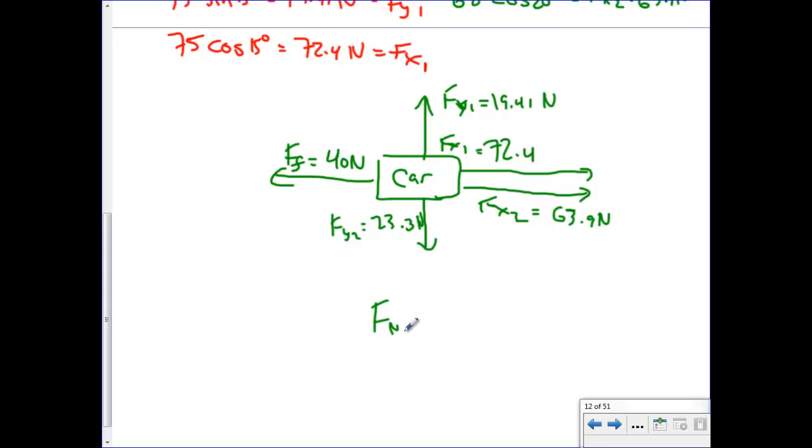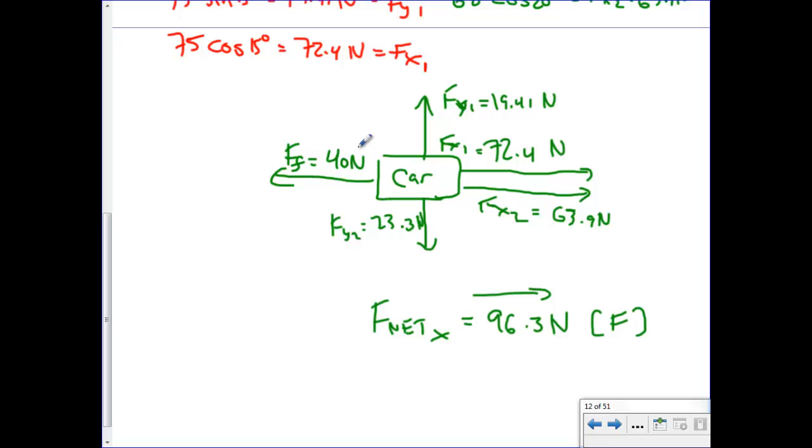So you could say that the F net in the x direction, I got 96.3 newtons, forward. Does that make sense? If I add this guy, and I add this guy, but I subtract this guy, there's a net force in the x direction pulling at 96.3.